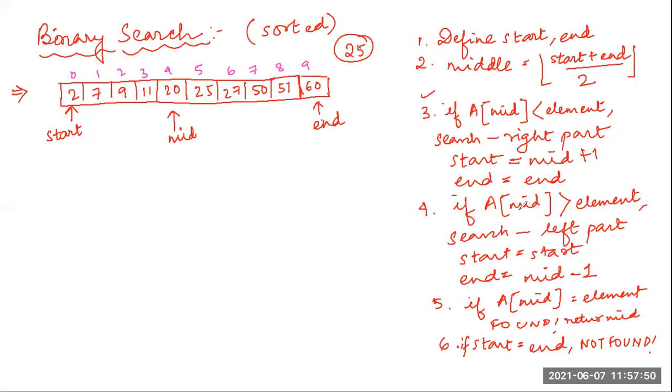If the element is greater than 20, we search the right part, and I will update my start variable. So my start will point here.